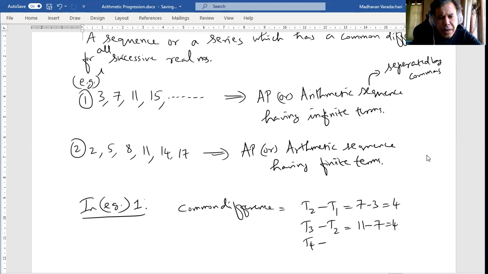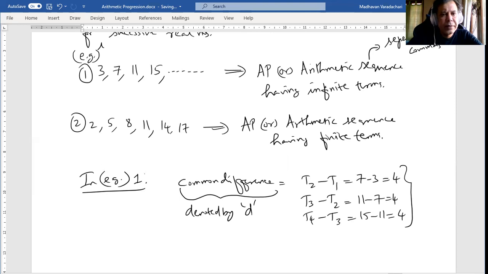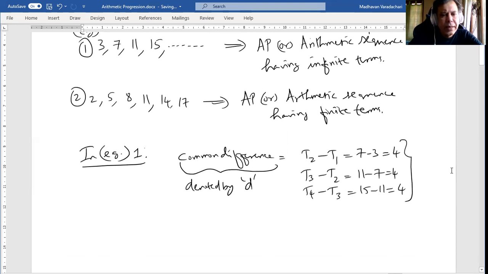Term 4 minus term 3, it is 15 minus 11, it is again 4 only. So everywhere the difference is the same. That is why we say it is a common difference. Generally, this common difference is denoted by t, right?